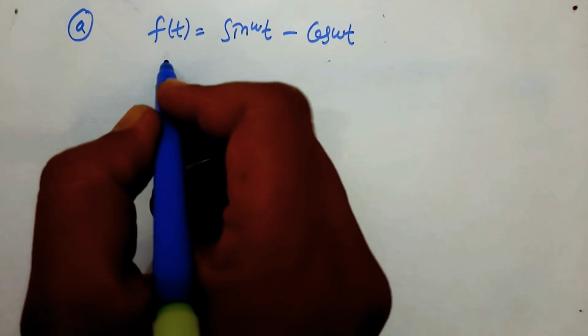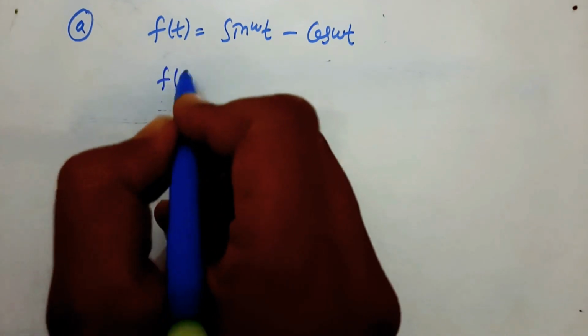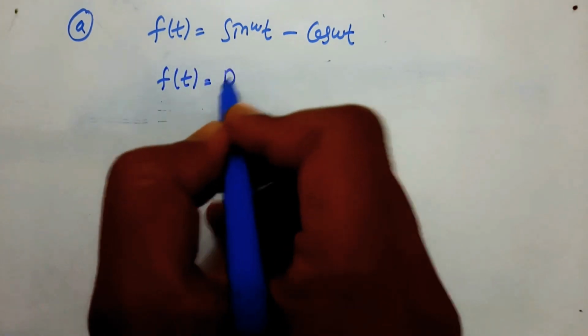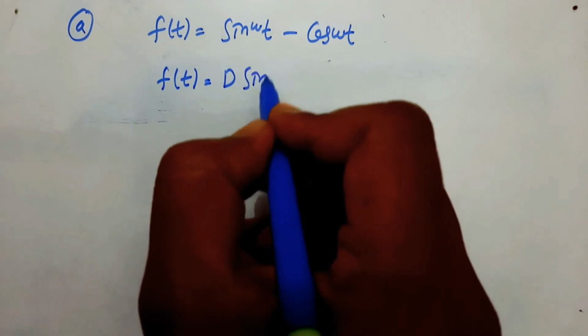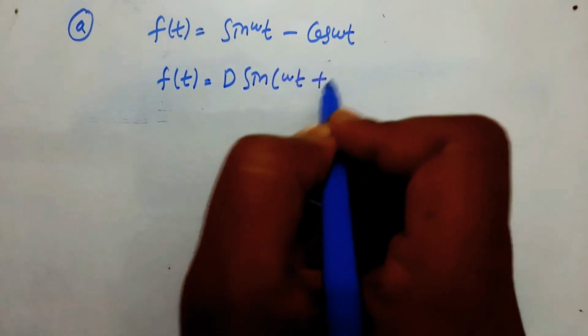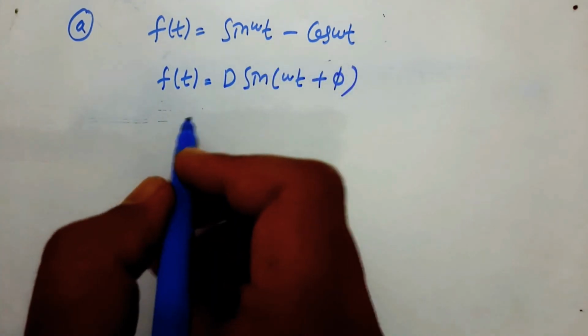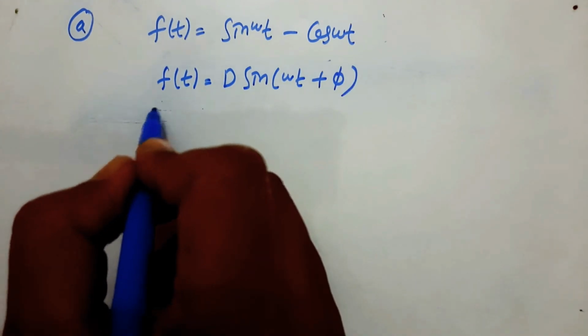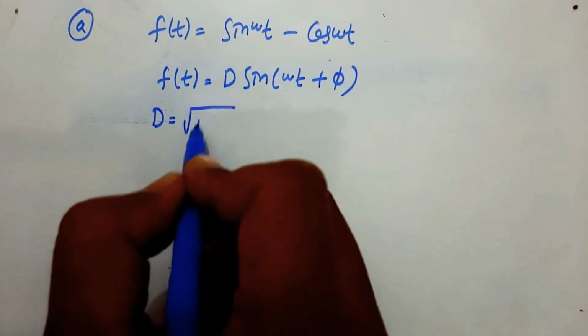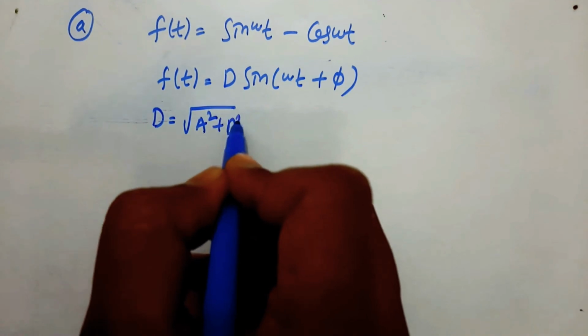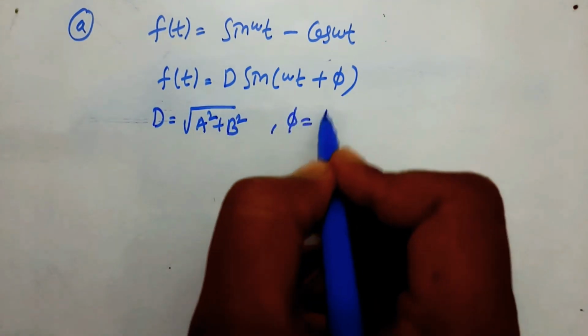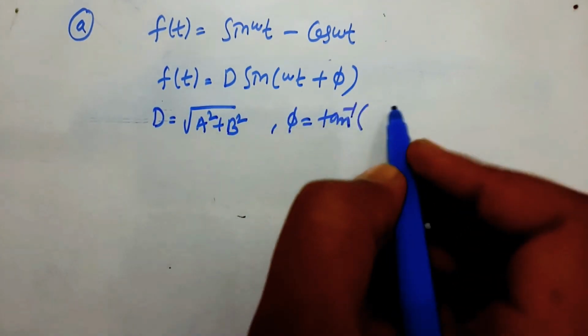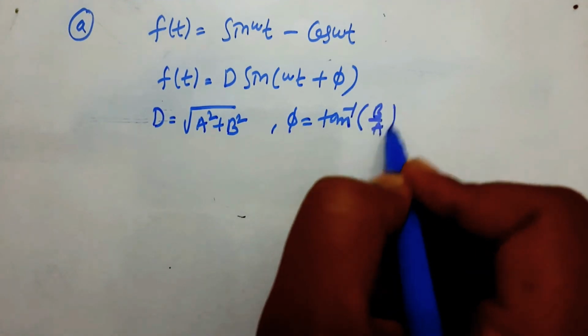Here f of t can be written as f of t is equal to d into sin omega t plus phi. So what is the d value? Here d is equal to the square root of a square plus b square, and phi is equal to tan inverse b by a.